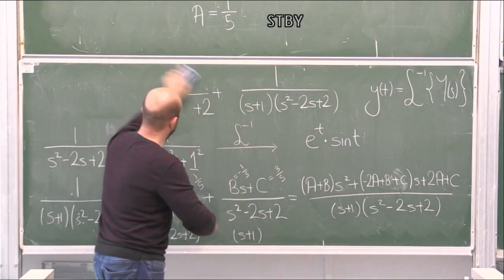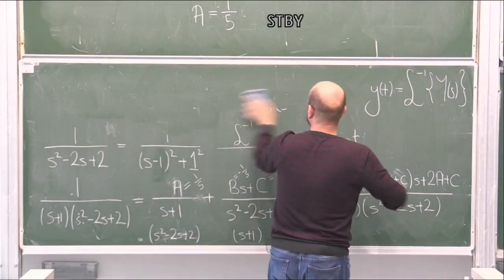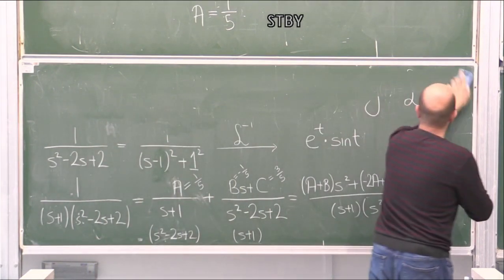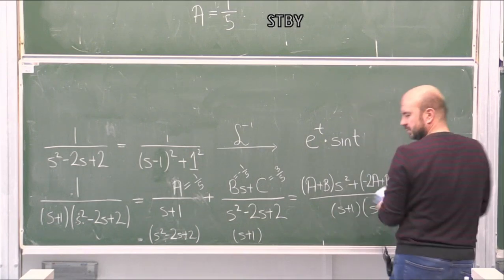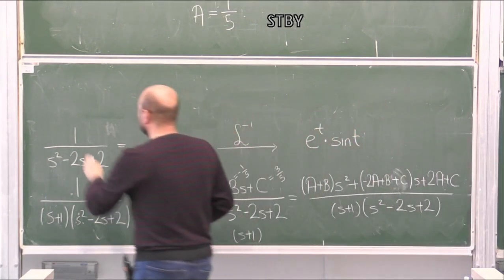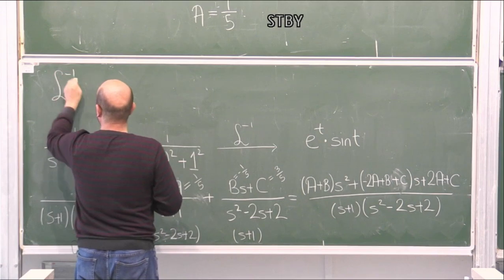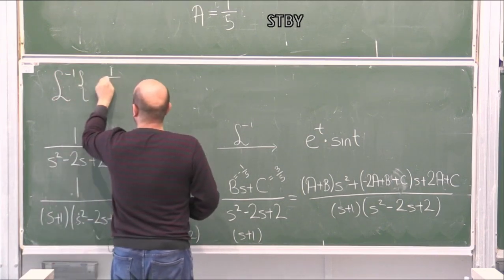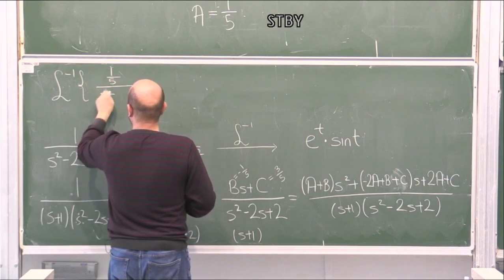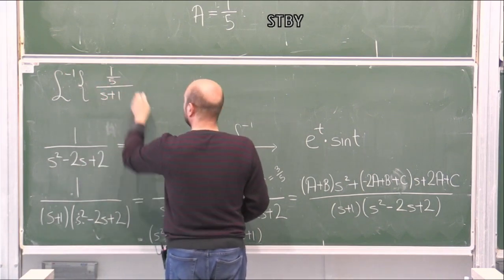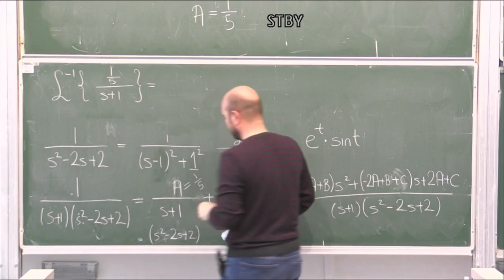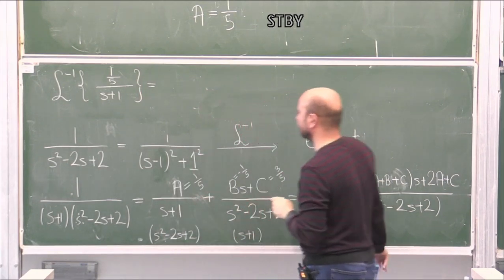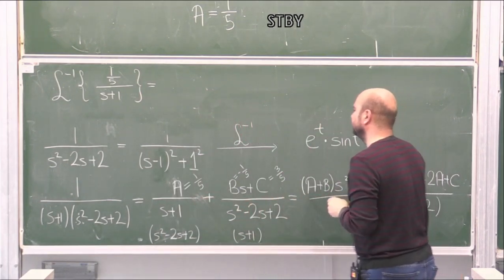Just keep this in mind, e to the t. The first one is easy. The Laplace inverse of 1 over 5 times s plus 1 is, so I'm taking the inverse Laplace of this.